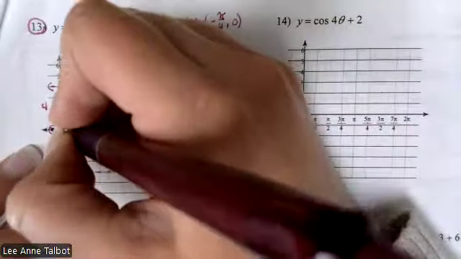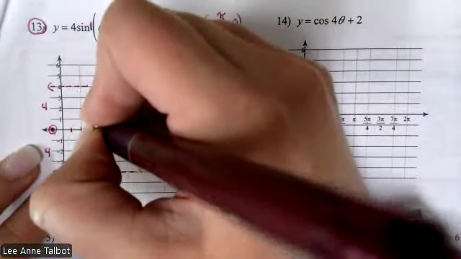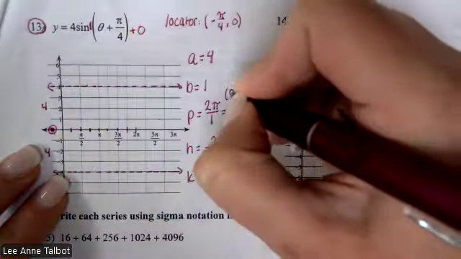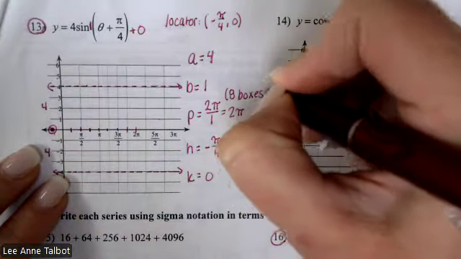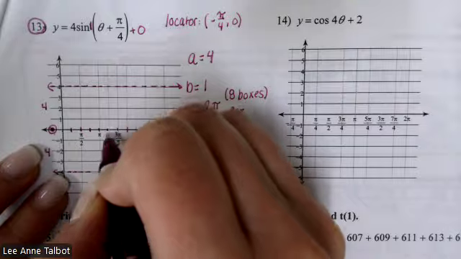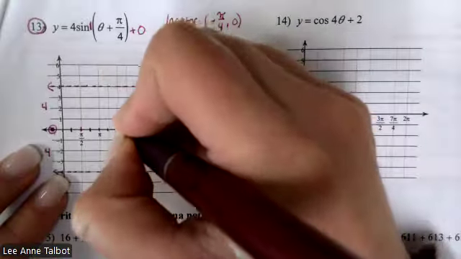Okay, period is 2 pi, which is 1, 2, 3, 4, 5, 6, 7, 8 boxes. One, 2, 3, 4, 5, 6, 7, 8.